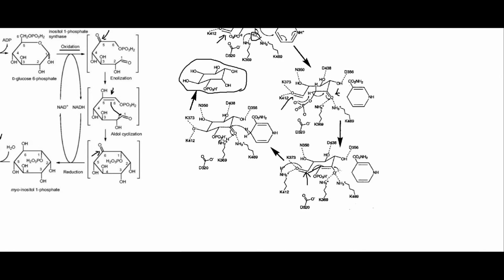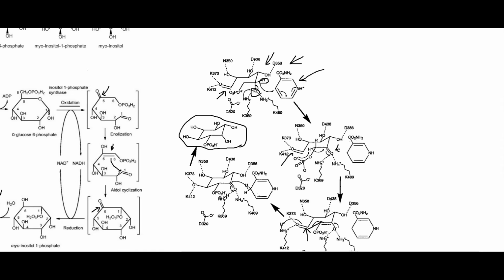But then the electrons from the oxygen collapse back down so that the electrons in this double bond can then go and attack the aldehyde carbon right over here. And then the electrons from that will then extract a hydrogen off of this lysine. And then we have a reduction step right here, where the same hydride on our NADH is attacking the carbonyl carbon here, and then reducing that carbon there so that we end up with our myo-inositol.